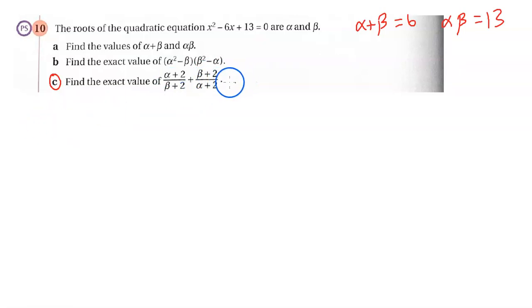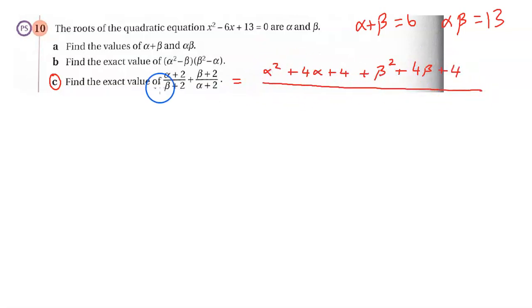Well, that's going to be alpha squared plus 4 alpha plus 4 plus beta squared plus 4 beta plus 4, and the whole thing divided by alpha plus 2 times beta plus 2. So that's going to be alpha beta plus 2 times alpha plus 2 beta plus 4.